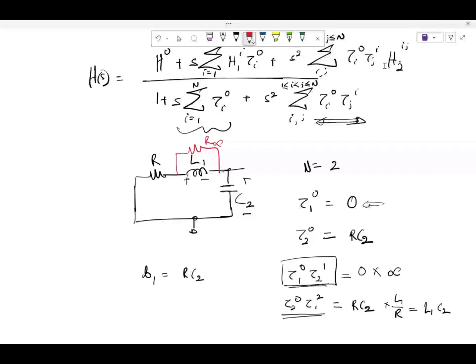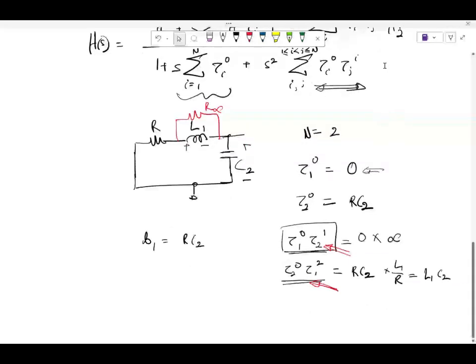Can you explain tau 1, 2 again? You mean this one? Okay. By definition, what is tau 1, 2?